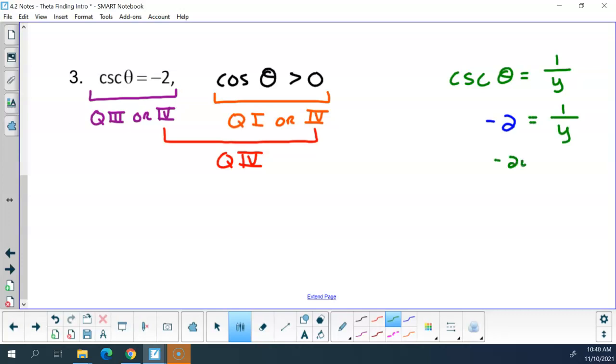Gives me negative 2y equals 1. Divide by negative 2. That gives me y equals negative 1/2. So where in quadrant 4 is my y value negative 1/2? 11 pi over 6. So theta here is 11 pi over 6.